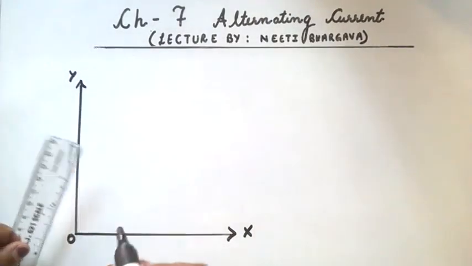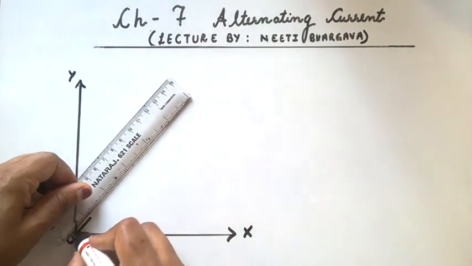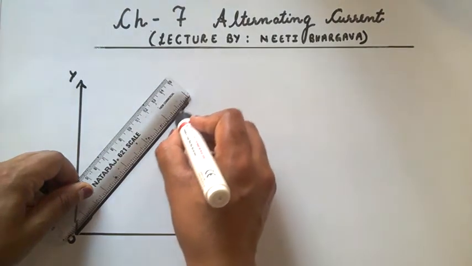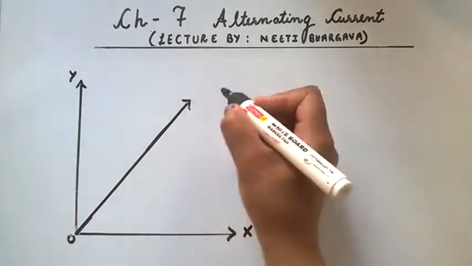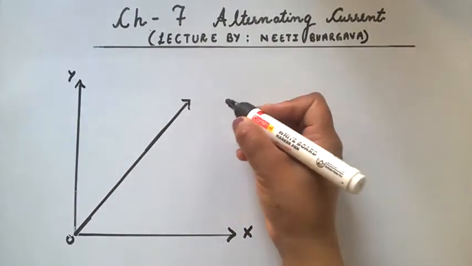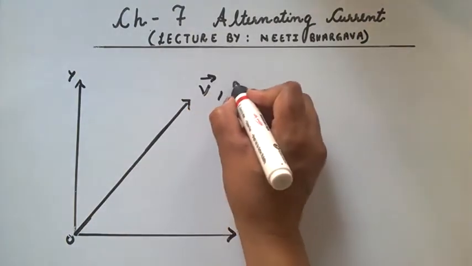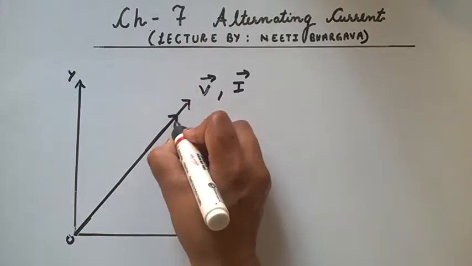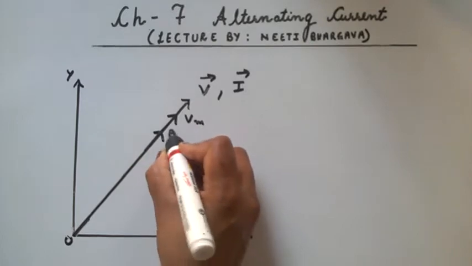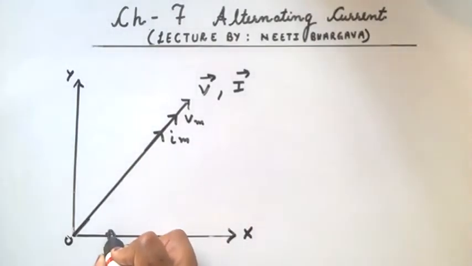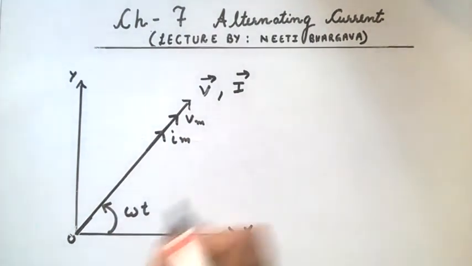From the origin, a line or a vector rotating around the origin, known as a phasor, is originating. When alternating voltage and alternating current are in phase, both denote the same line, the V vector and the I vector. Their amplitudes are Vm and Im, at the same phase angle omega t.